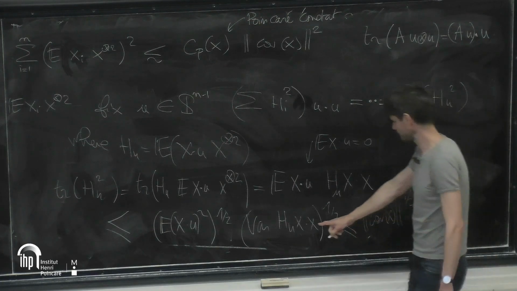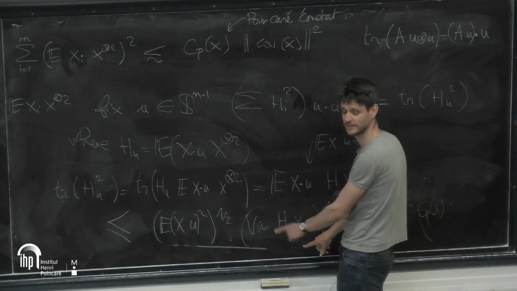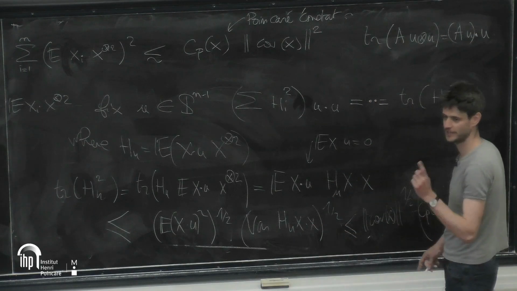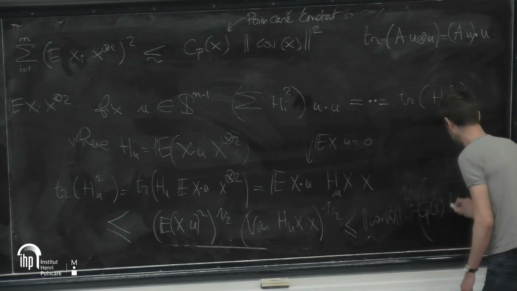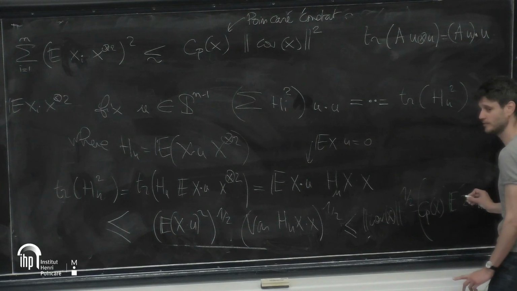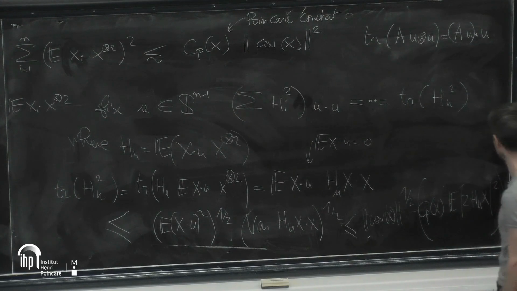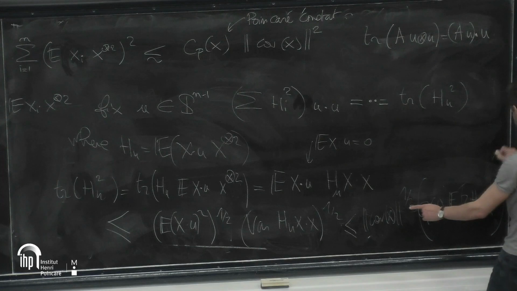Okay, what is the gradient of H_u x dot x? It's 2 H_u x, okay? And then I take the Euclidean norm of the gradient. And maybe there was a half.